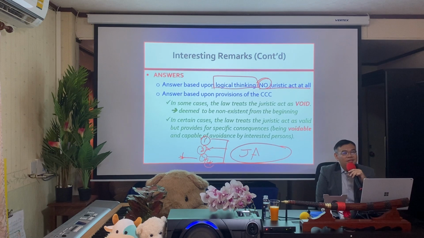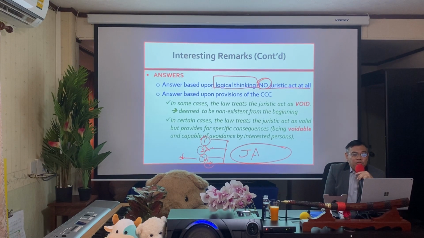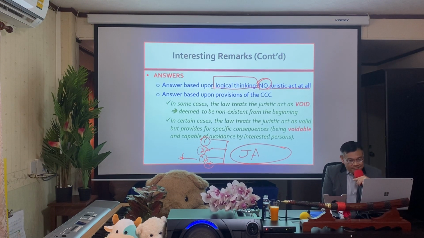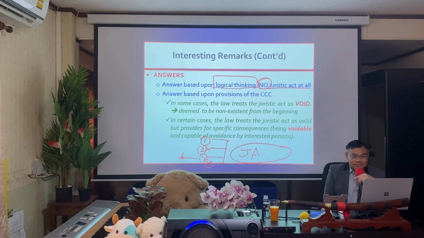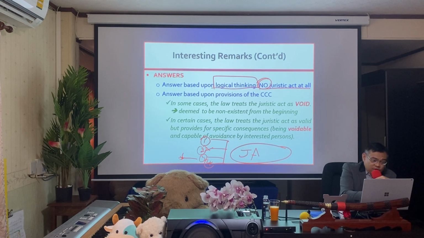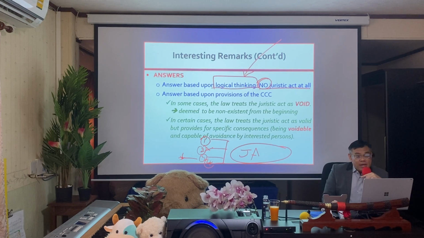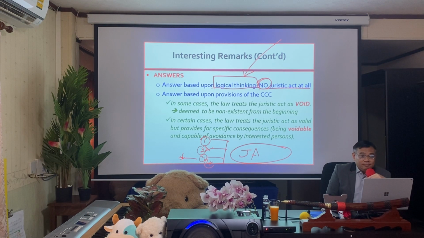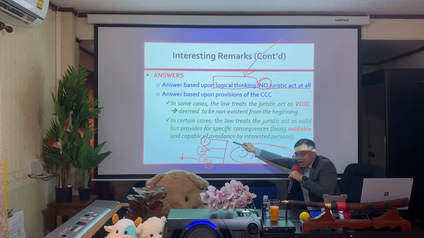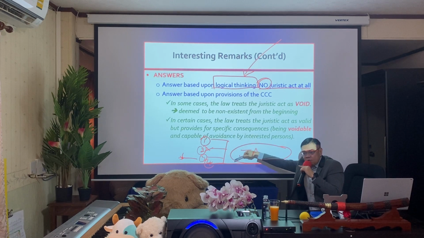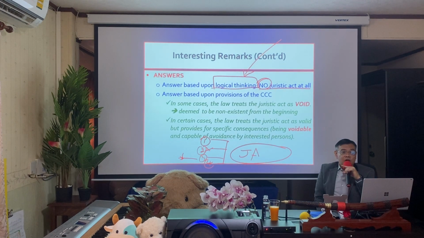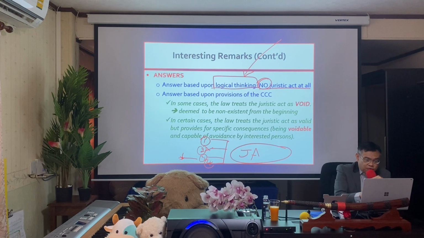Right, this is the answer based upon our logical thinking. But I must say that even if we resort to logical thinking like that, the law may not follow it, because in some cases, the law says that if any one element is missing, the juristic act in question may be void.